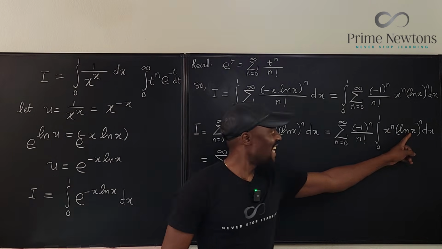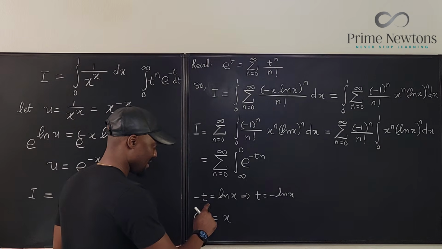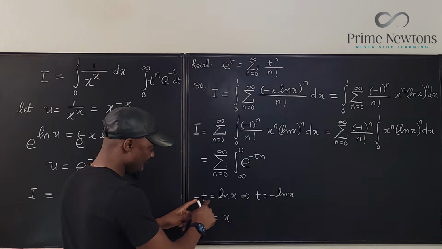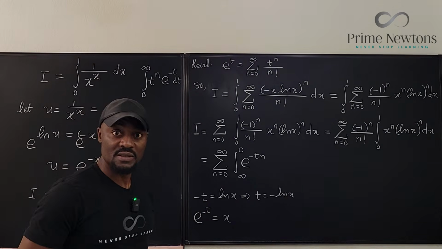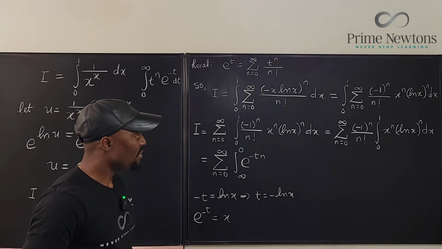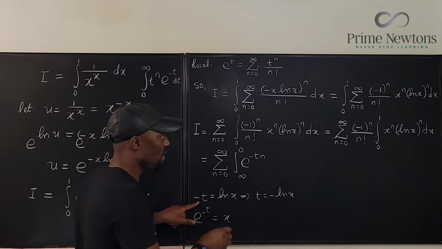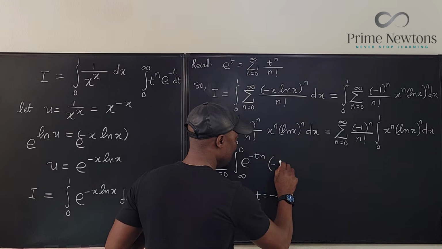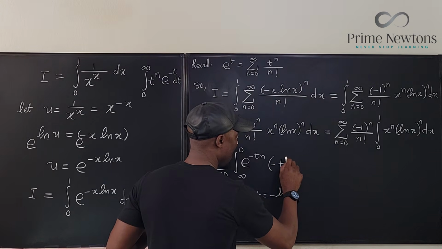And we already said let ln of x be t. No, let ln of x be negative t. The problem is still there. So when I replace ln of x, I have to replace it with negative t. So it's going to be times negative t raised to power n.